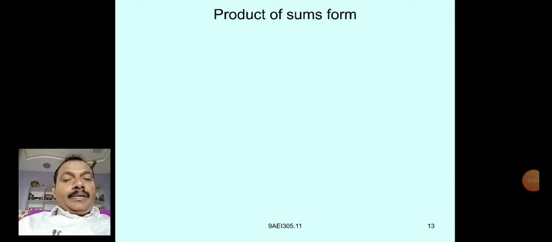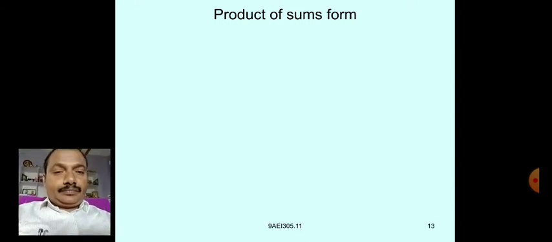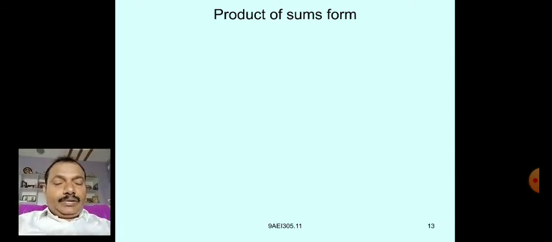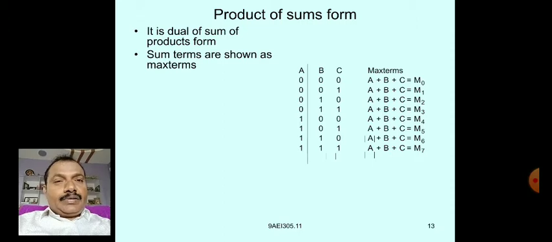Next, product of sums. In this, it is the dual of sum of products. Sum terms are known as max terms.